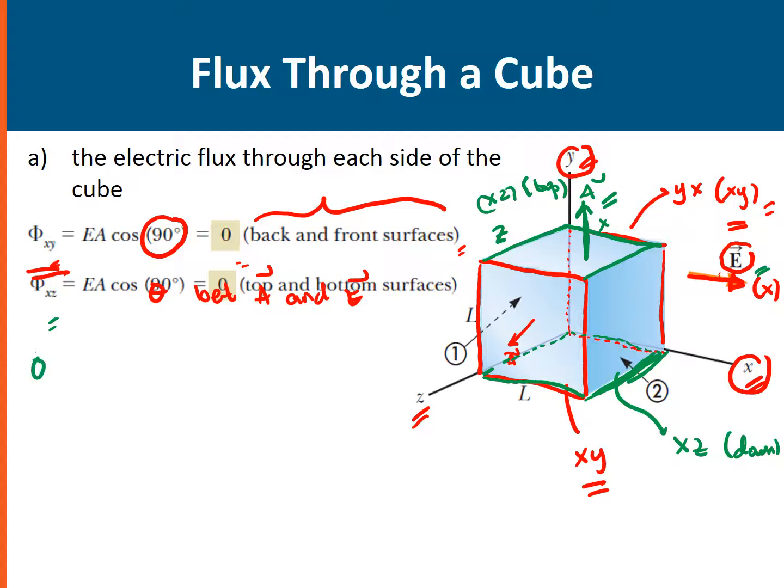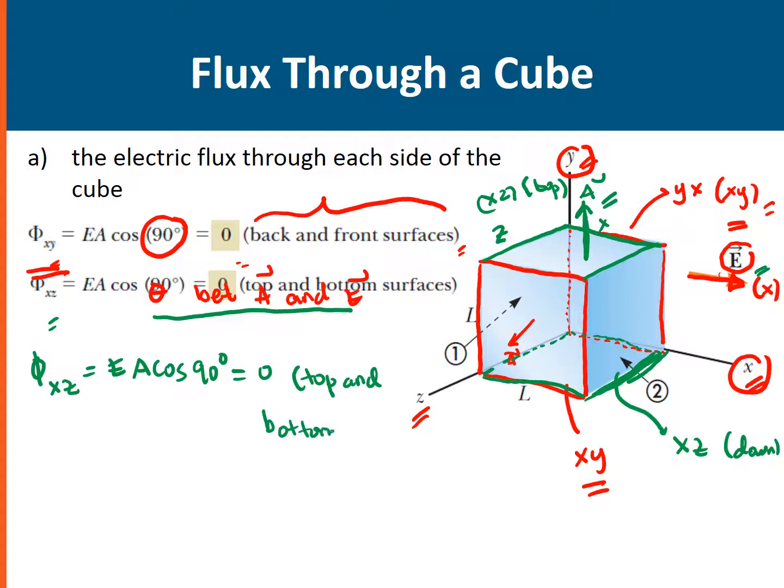Let me rewrite that: electric flux through the xz plane is equal to electric field multiplied by area times cosine of 90 degrees, because the angle between the area vector and the electric field is 90, and that is equal to zero. We're referring to the top and bottom surfaces.